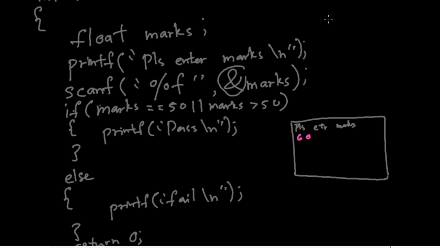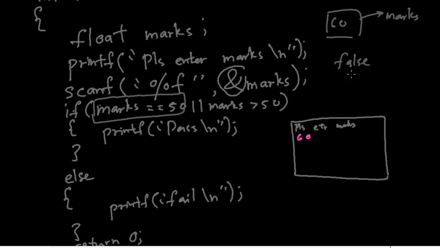Now let's do a bit of true and false here. Let's look at the first condition. Since marks right now is 60, let me draw the box of the variable in here. Let's compare 60 with the first condition. Is 60 equal to 50? False. 60 is not equal to 50.